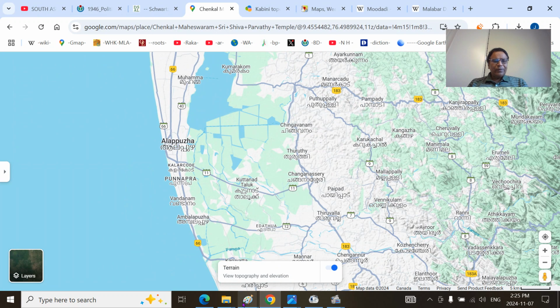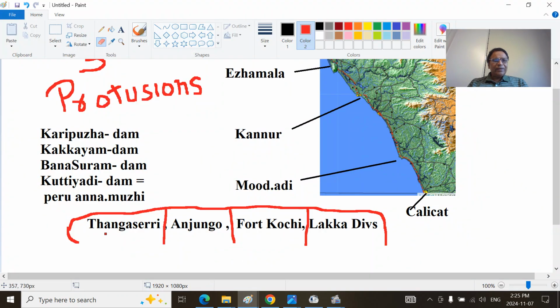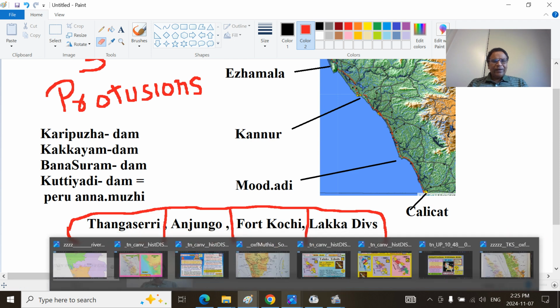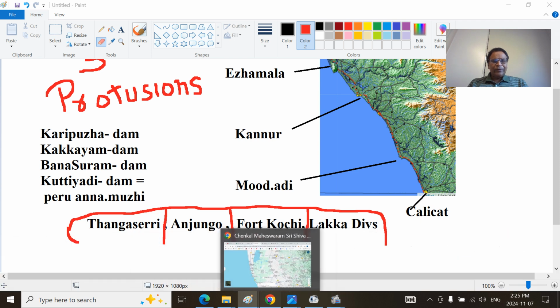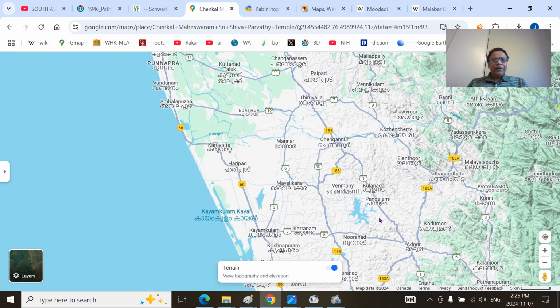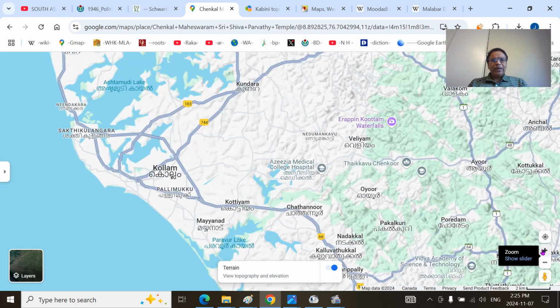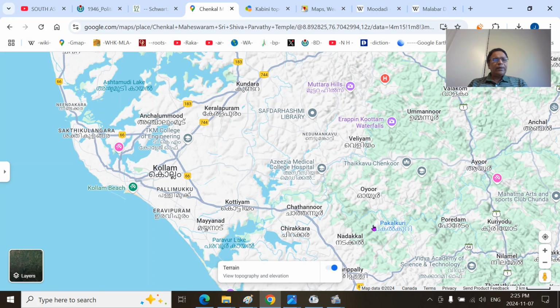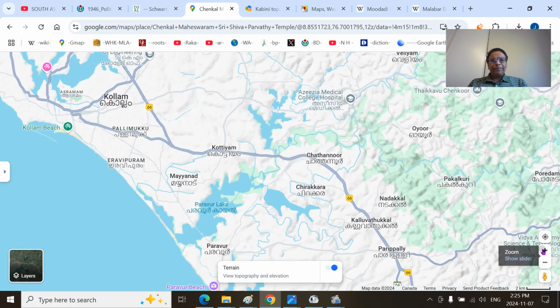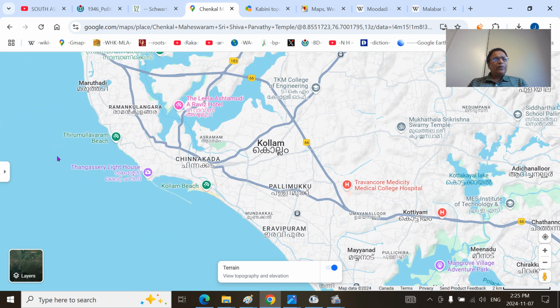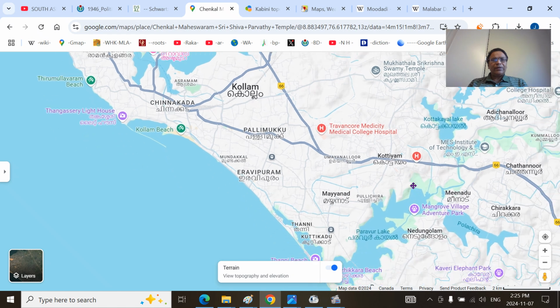So we are talking about these Thangasseri, Anjengo and Fort Kochi region, outside Kollam. See, yeah, you can see Kollam. You can see Thangasseri. Thangasseri Fort, it used to be part of Malabar district, the Kollam district and Ashtamudi Lake.